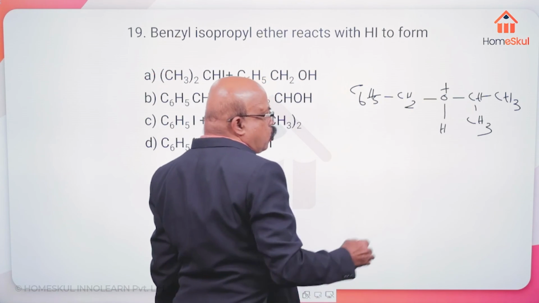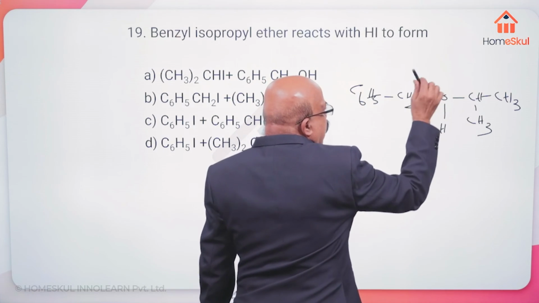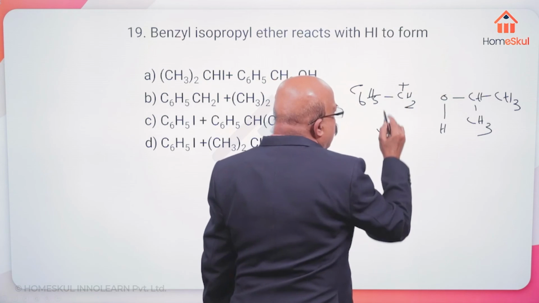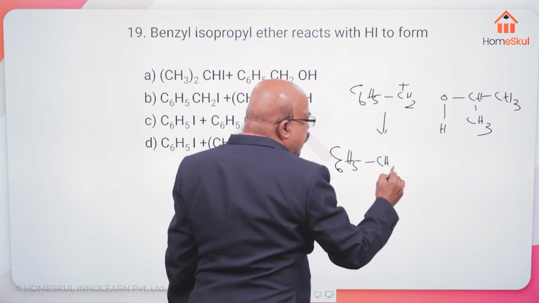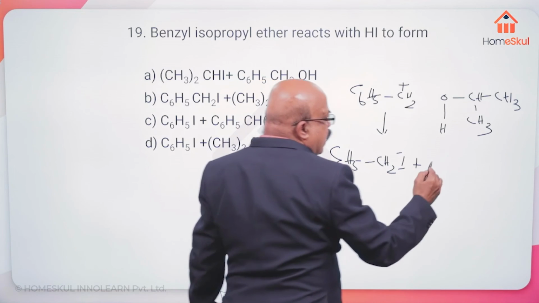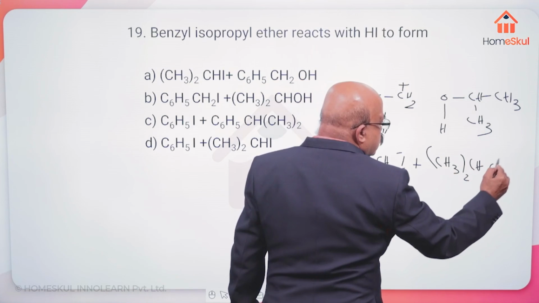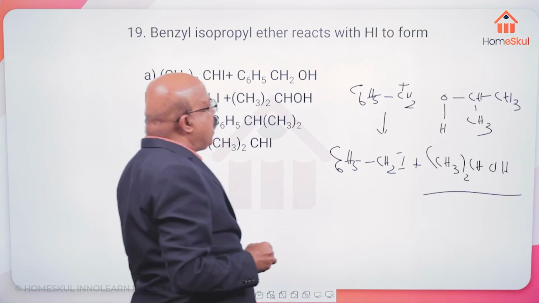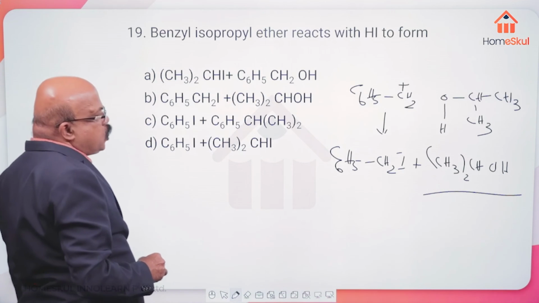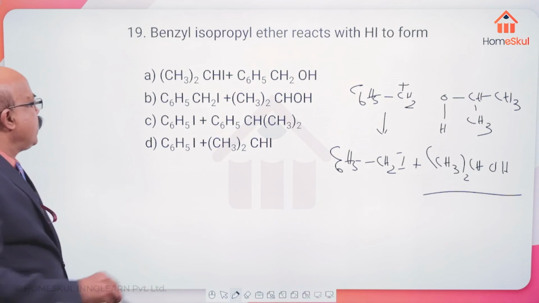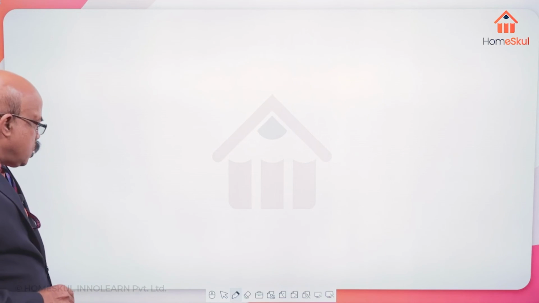This bond undergoes cleavage. You will get a benzyl carbocation that will be attacked by I minus ion. So benzyl iodide and isopropyl alcohol, C6H5CH2I and (CH3)2CHOH. This is your answer. Option B is your answer.